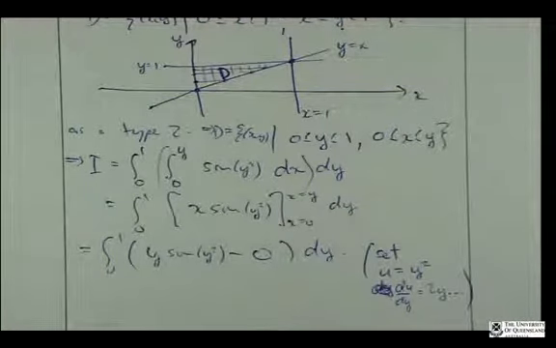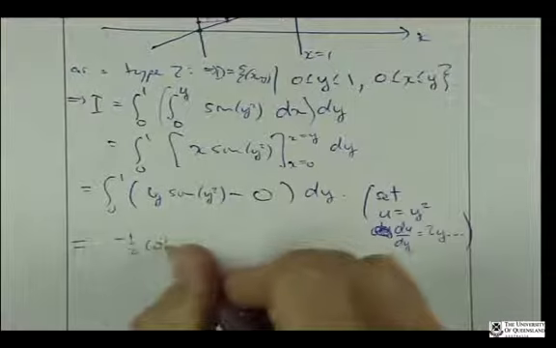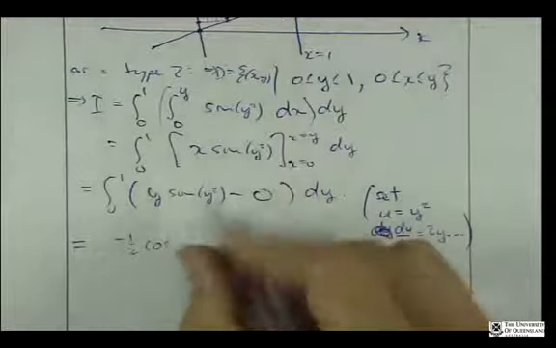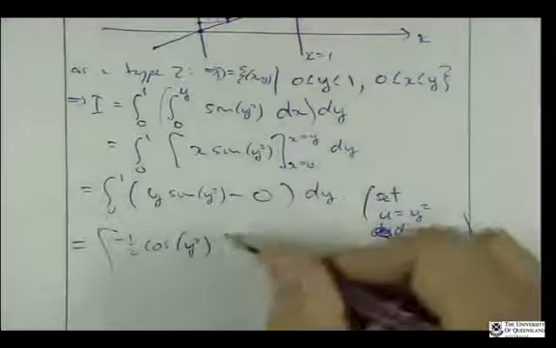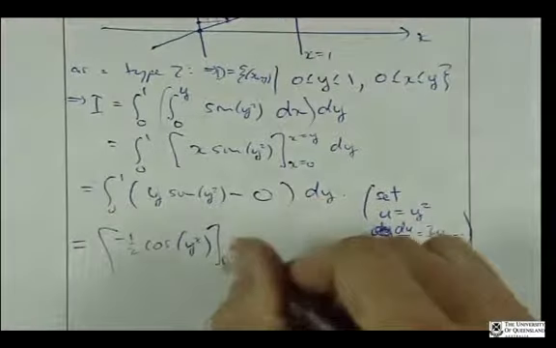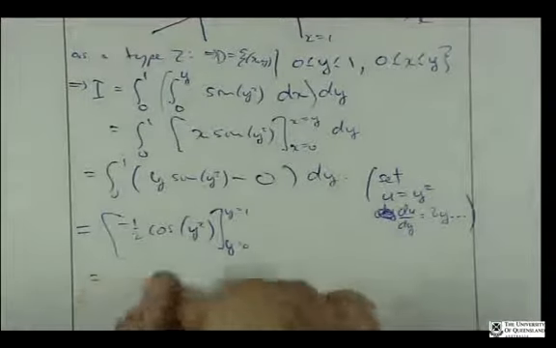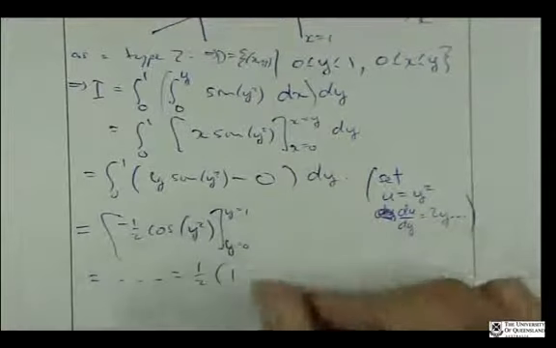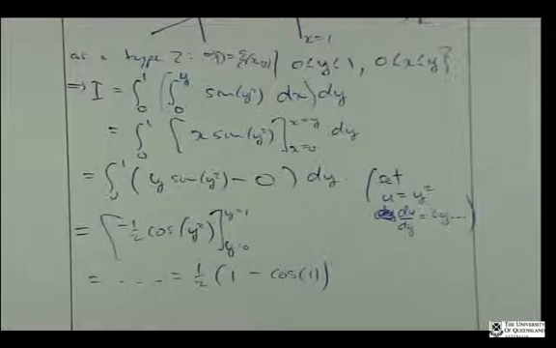The point is we can evaluate it easily. In fact, it just works out to be negative 1/2 of cos of y squared, the antiderivative of that function, right? And so that's now evaluated from y equals 0 to y equals 1. Okay, so that ended up being not too difficult, just substituting in those bounds. We end up with this expression.